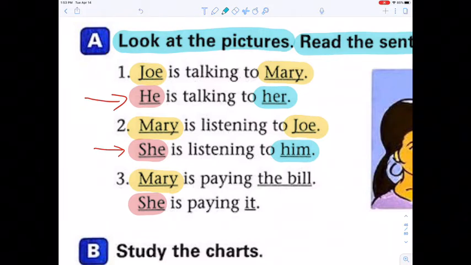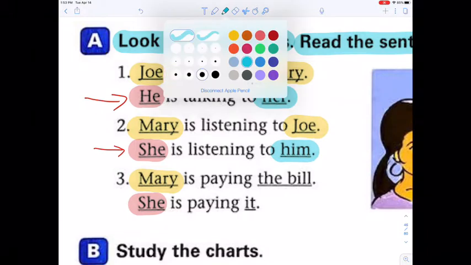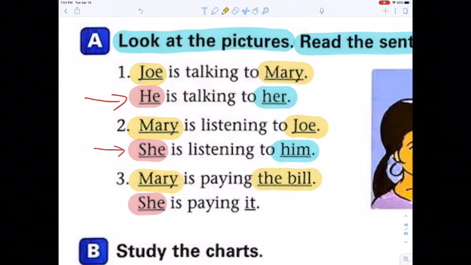Now, this works for men and women if we say her and him for object pronouns, but we can also talk about things like the bill. Whoopsies, I needed to take another look because the bill is a noun here, which we put in yellow. Okay, so let's take a look at number 3 sentence.